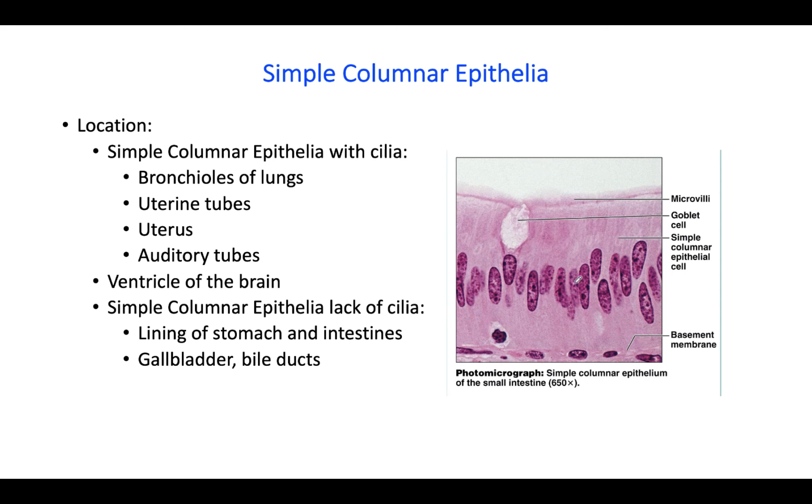In this slide, there is no example of simple columnar epithelia with cilia, but you can imagine that the cilia are a little bit longer than microvilli. Simple columnar epithelia with cilia can be found in the lung, uterine tube, uterus, and auditory tube.